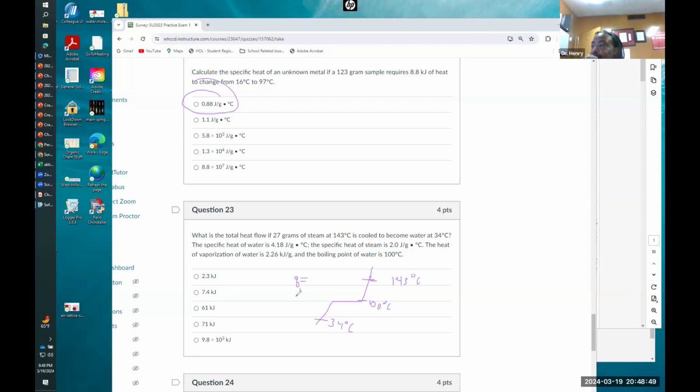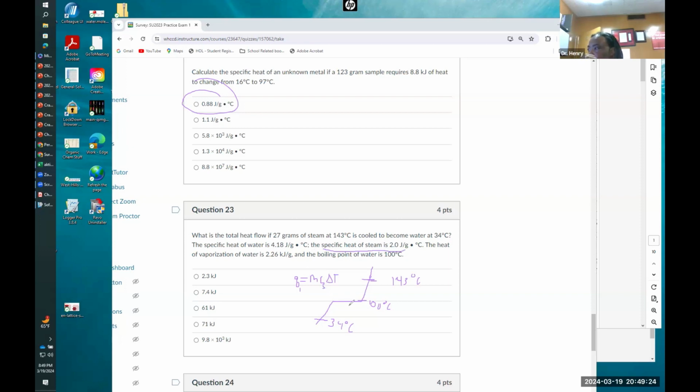Okay, so we're going to be using Q equals mcΔT. Since we're going from steam and getting ready to make our transition, that's our change in temperature, so that's the hint. That's when it's in steam form, so we're going to use the specific heat for steam. I'm just going to put Cs for steam.